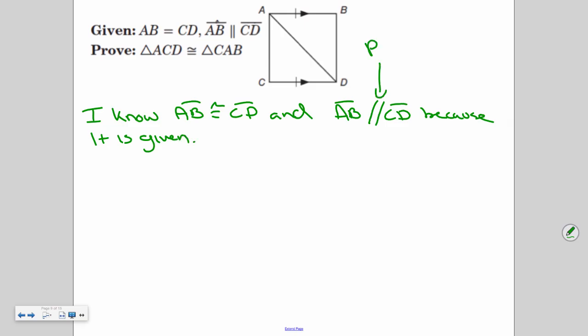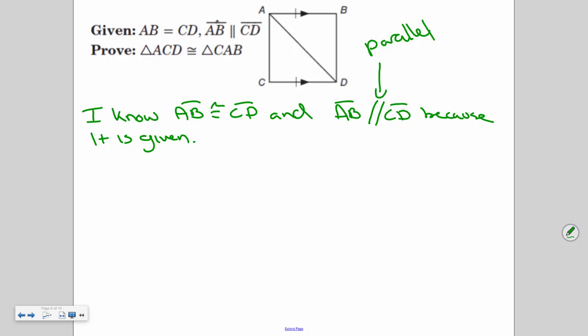Remember, those lines mean parallel. When I see the word parallel, you have to remember that congruent angles are created: corresponding, alternate interior, alternate exterior. Those are all congruent angles. That is something that you have to remember again.